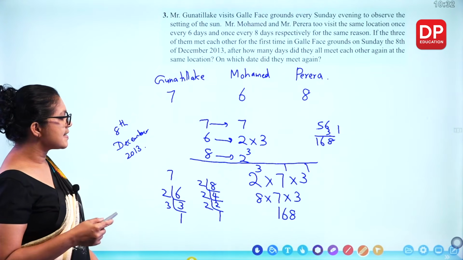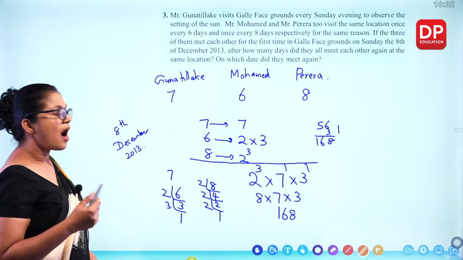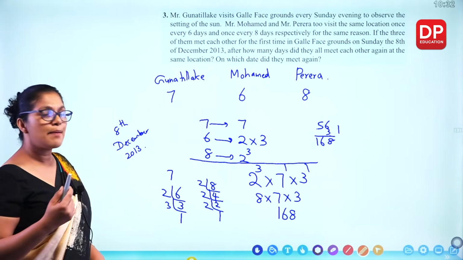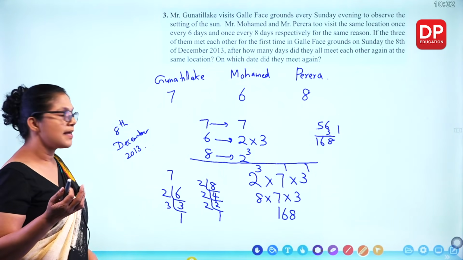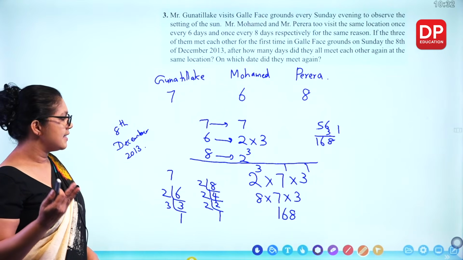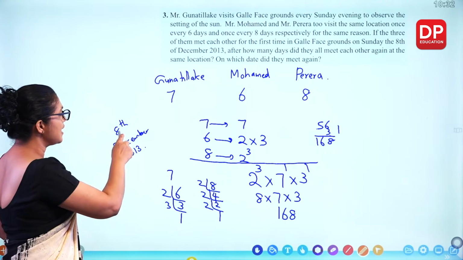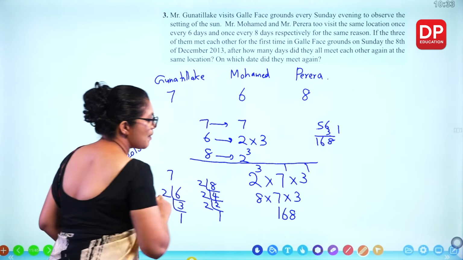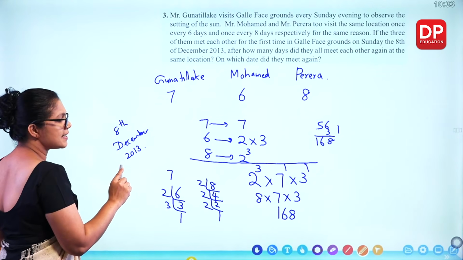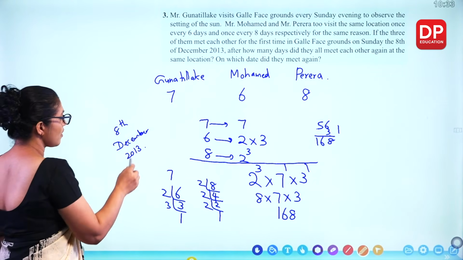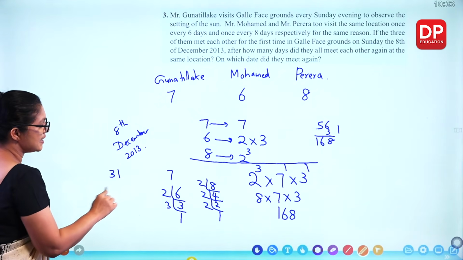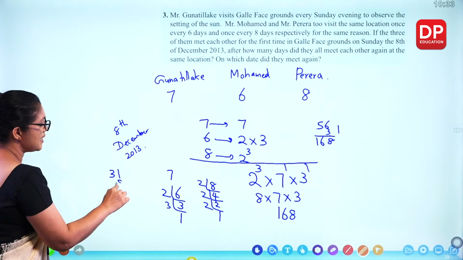So 168 means how many days? Now here this is December 8th. Normally December is 31 days. So here we'll start from 8 and subtract 8 from 31.